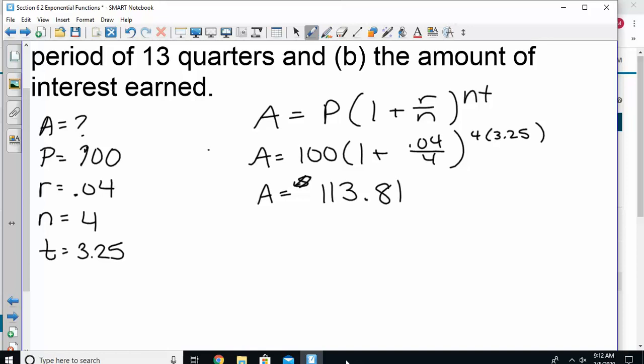No fraction. Okay, did everybody get that? I didn't get it. Okay.